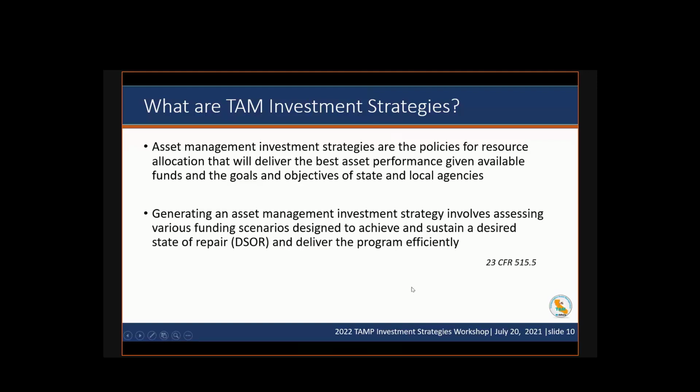Also, what do we think we'll be able to do with the funding that we have? And then there's this strategy in the middle, which is really what the bulk of this workshop is going to talk about. And that is the investment strategy that we plan to follow as transportation agencies within California. Next slide.